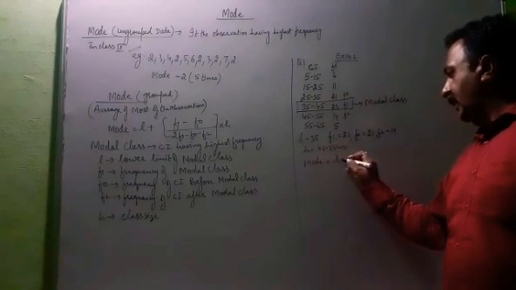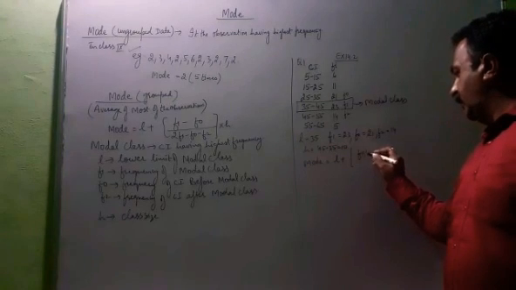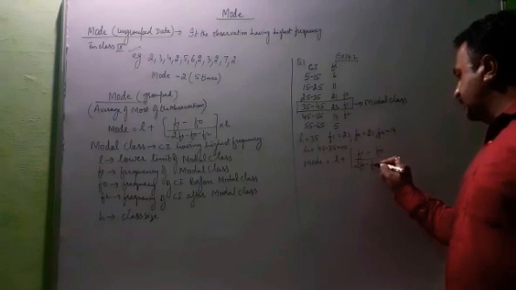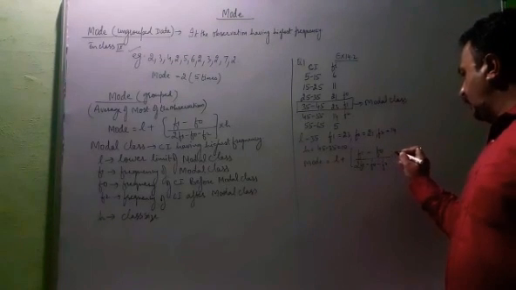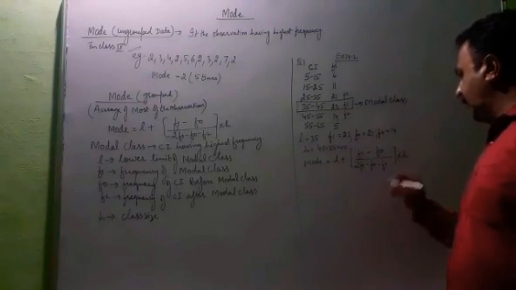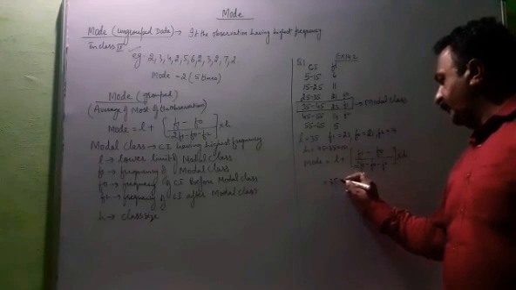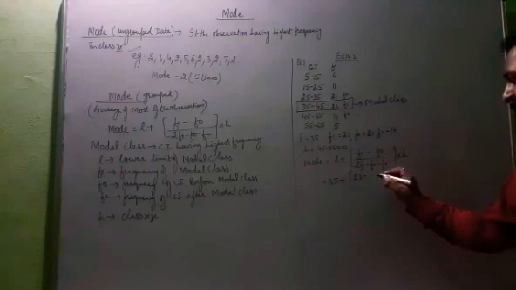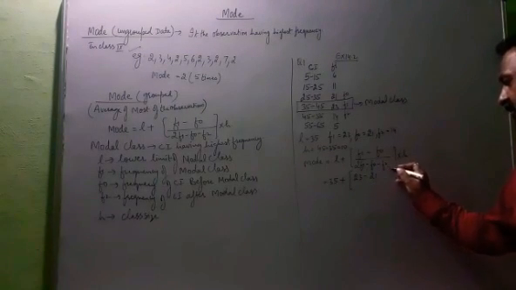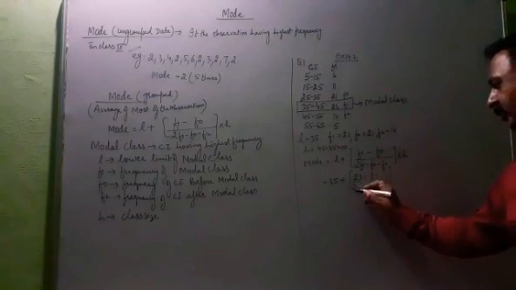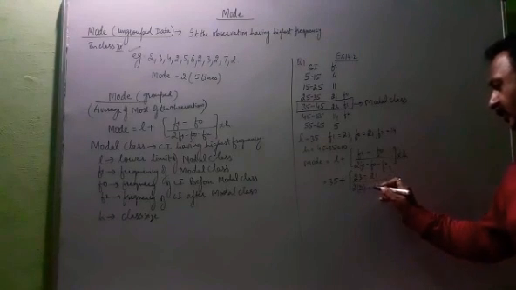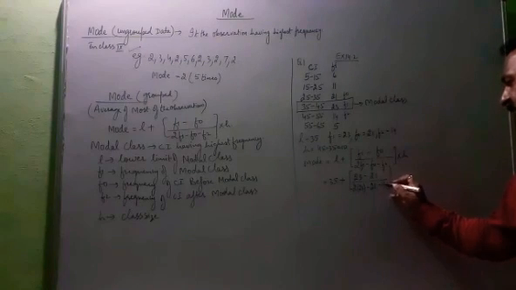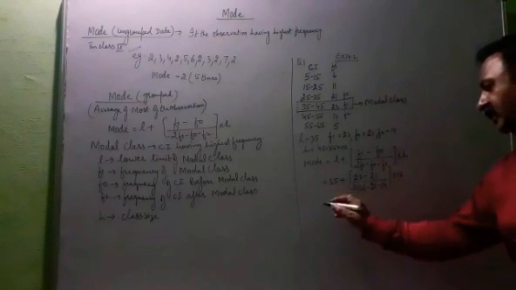Mode equals L plus F1 minus F0 upon 2F1 minus F0 minus F2, into H. 35 plus 23 minus 21 upon 2 into 23 minus 21 minus 14, into 10.